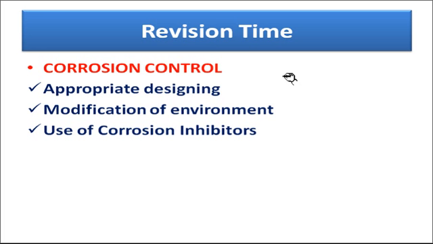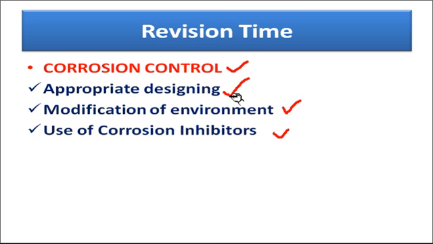Now it is time for the revision. We are starting today the topic corrosion control, in which three important methods we have discussed: appropriate designing, modification of environment, and use of corrosion inhibitors. In the appropriate designing, we have discussed that the first precaution is to avoid direct contact between two dissimilar metals.